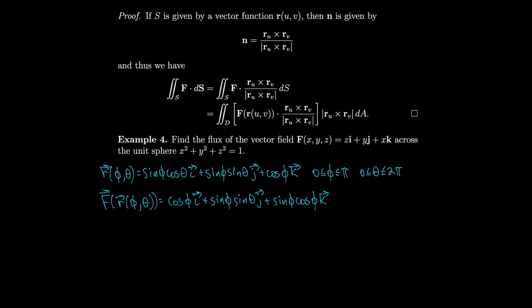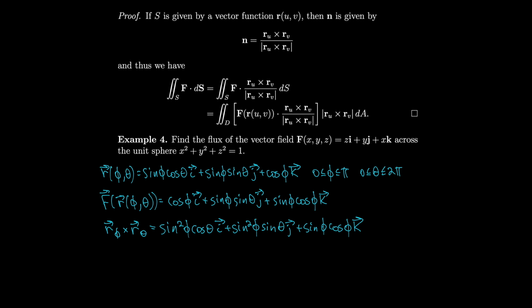Alright, and then, as we did in section 16.6, example 10, we will take the cross product of r_phi and r_theta, and we'll get sine squared phi cosine theta i plus sine squared phi sine theta j plus sine phi cosine phi k.